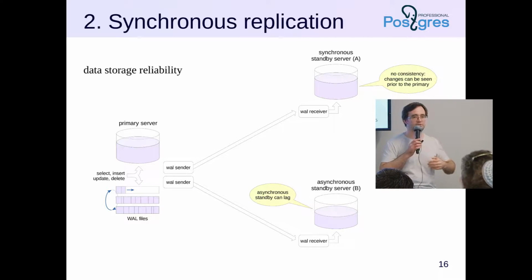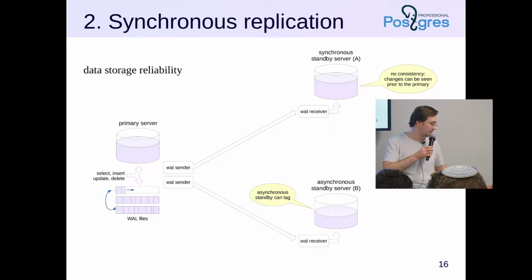So in this case, your performance is very poor because you need to wait for the network, but reliability is great because you have at least two servers with your data. So if something went wrong with one of your servers, you always have another copy of your data.